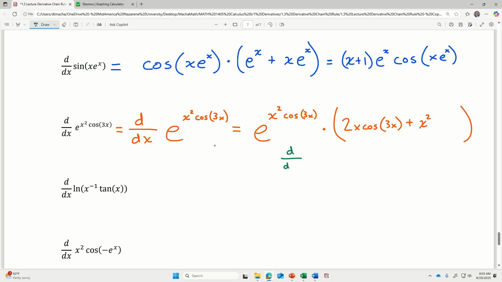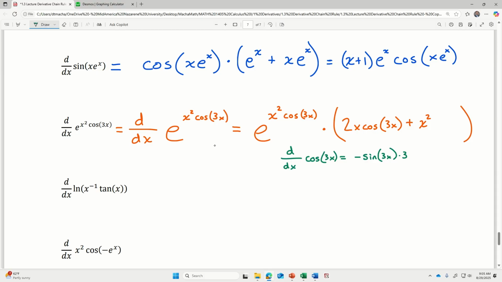I'm going to change colors so that we can talk about the derivative of cosine 3x. The derivative of cosine is negative sine, but then, what have I forgotten? The derivative of 3x. Yeah, I have to multiply times the derivative of 3x. So I've got to multiply by an extra little 3 at the end.